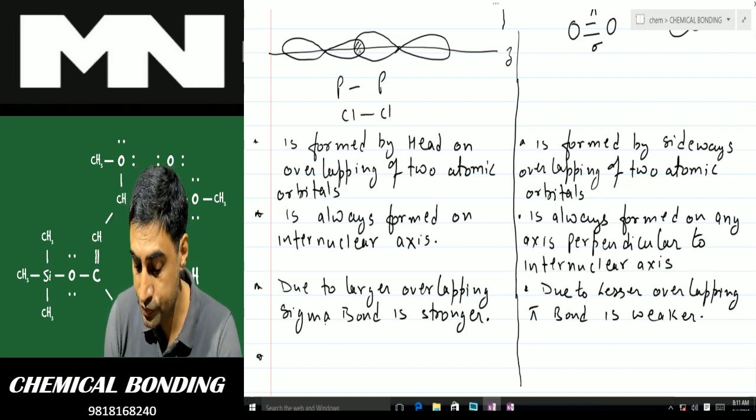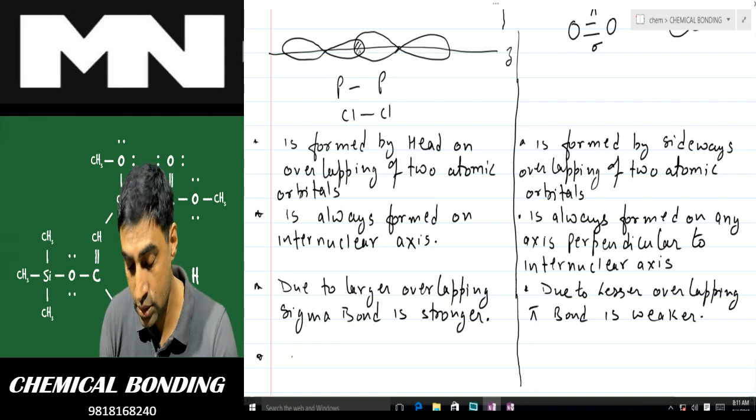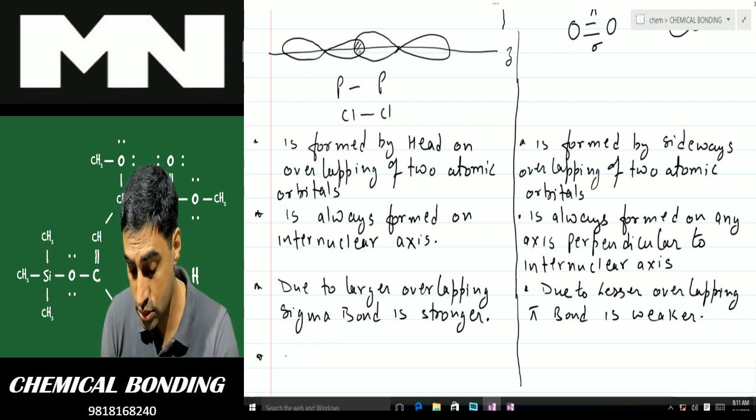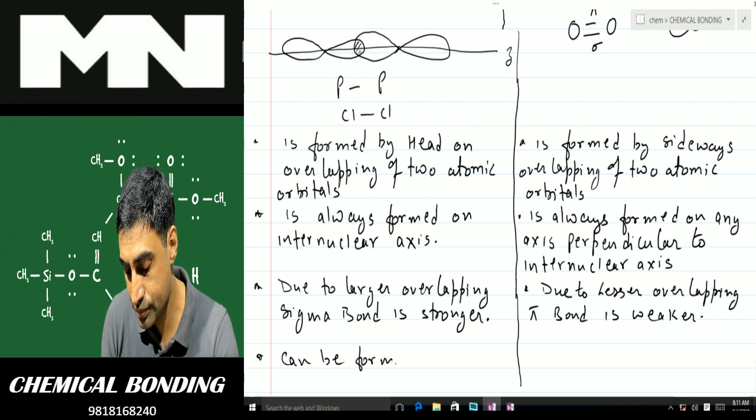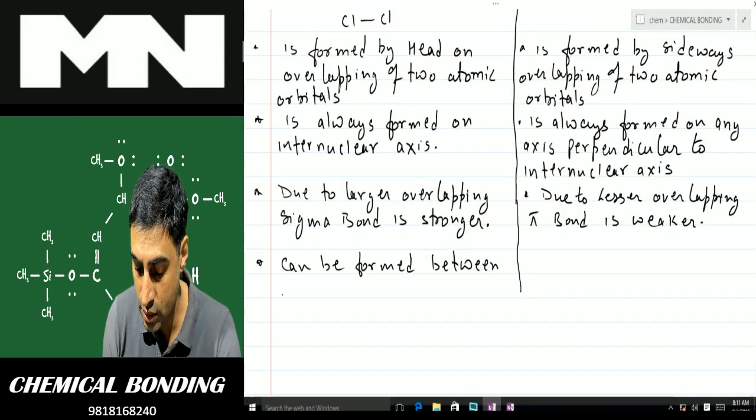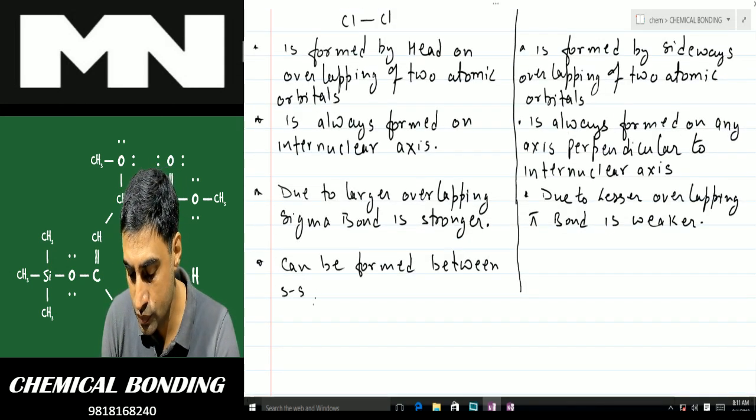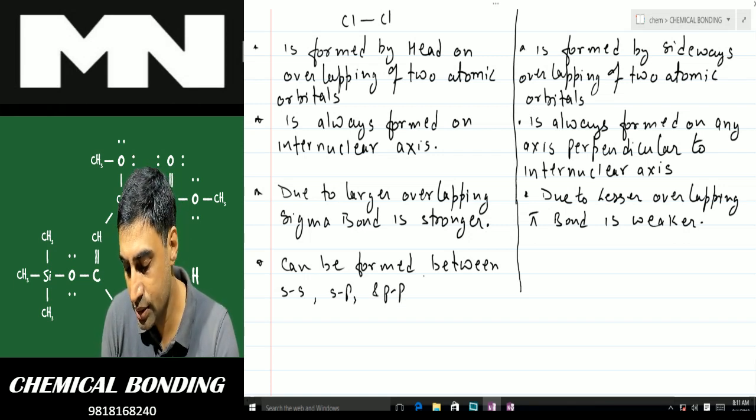Next, sigma bond can be formed between s-s, s-p and p-p orbitals.